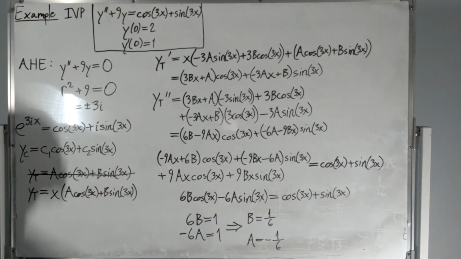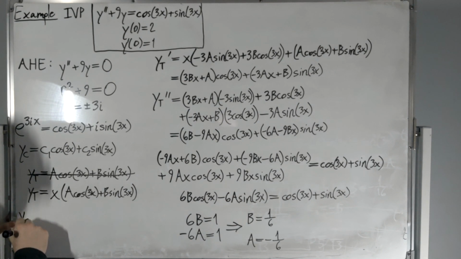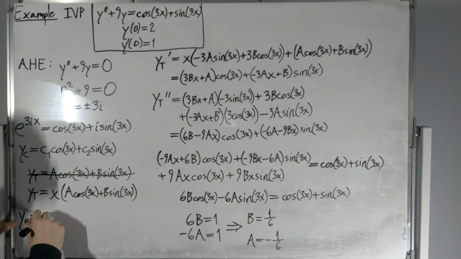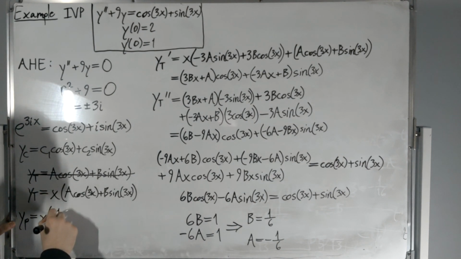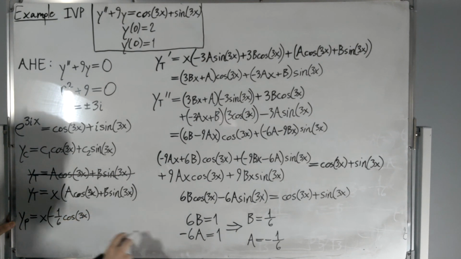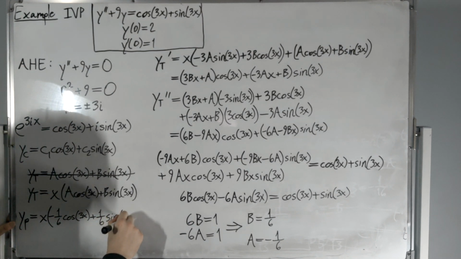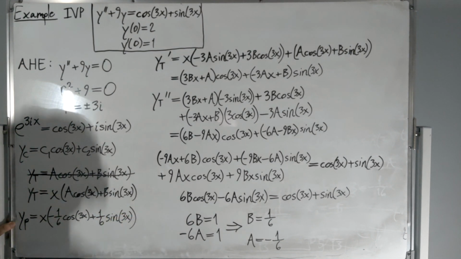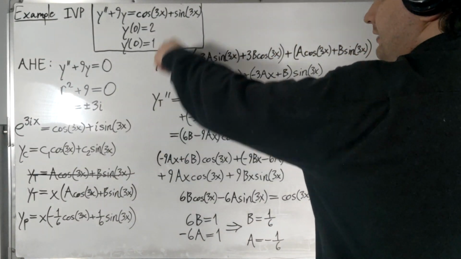So, to put it all together, the particular solution is going to be x times negative 1/6 cosine of 3x plus 1/6 sine of 3x. And then the general solution is just the sum of that and the complementary family.